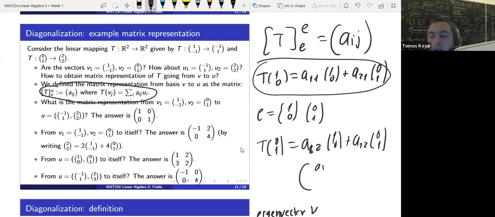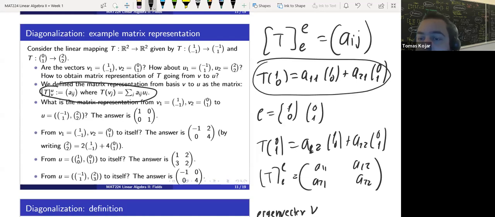This will give you your A11, A12, A21, A22. This is T of E, and the same thing for V. Okay, Rudrash?